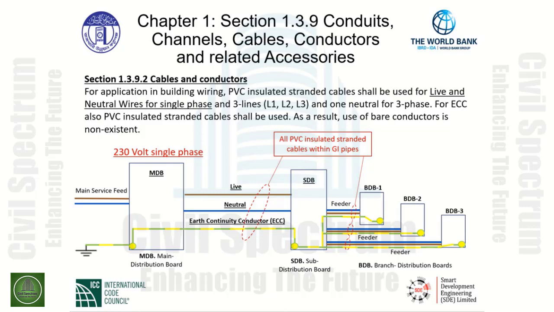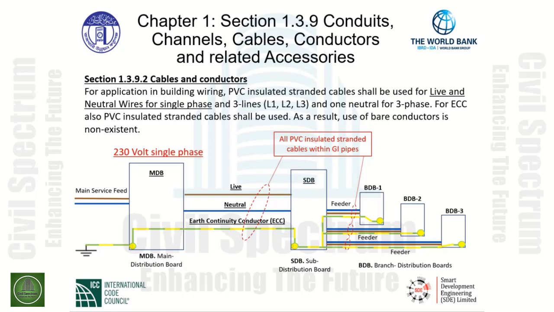1.3.9.2 Cables and Conductors. For application in building wiring, PVC insulated stranded cables shall be used for live and neutral wires for single phase, and 3 lines L1, L2, L3, and 1 neutral for 3 phase.